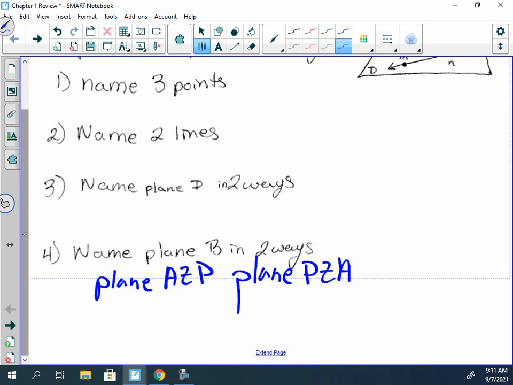Number 4. And we want to write plane first. I'm not going to necessarily be too big of a stickler on it, but we do need to put plane in front of it to be able to signify what we're talking about.